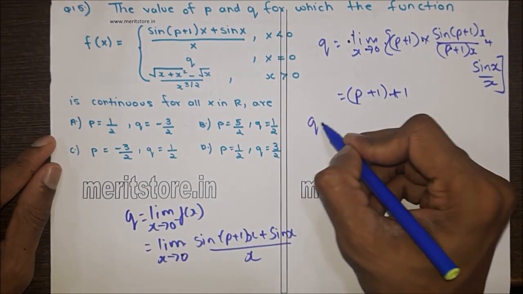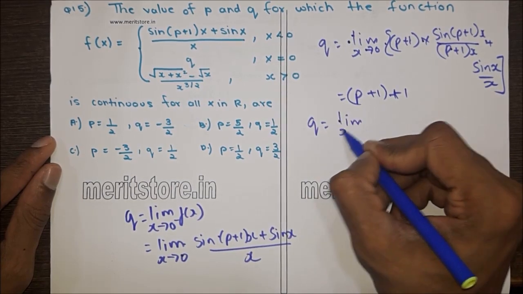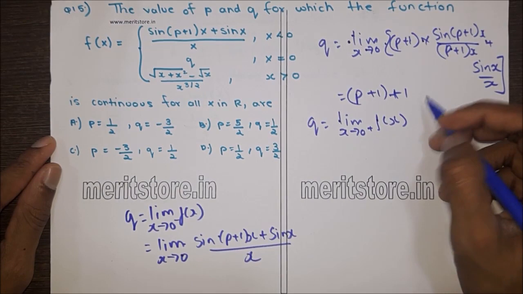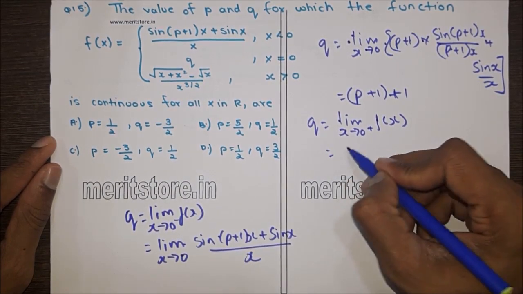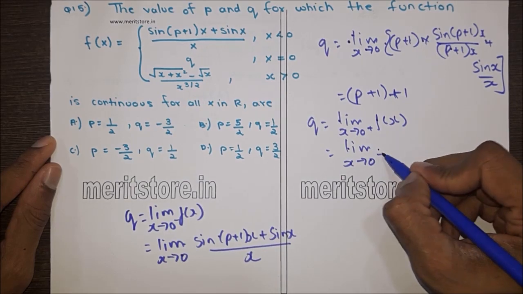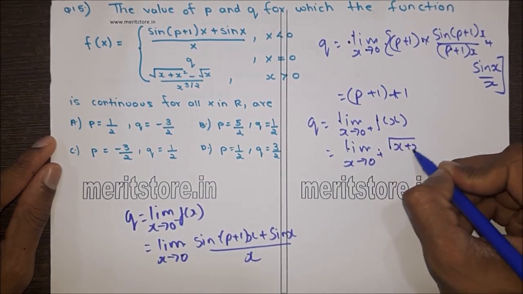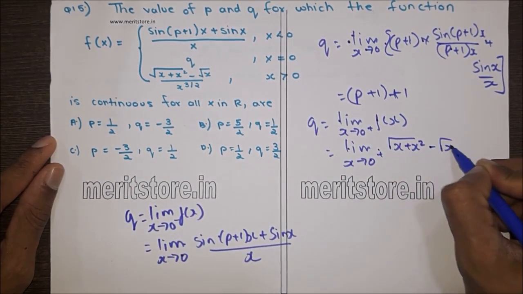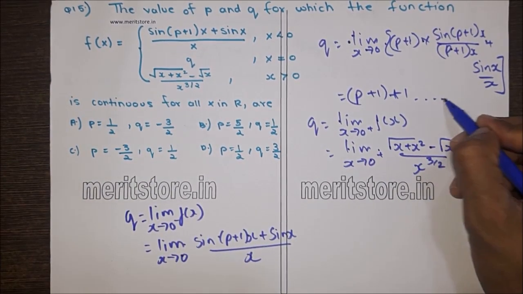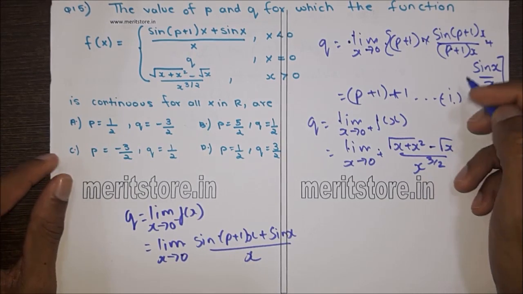Also, q equals the limit as x approaches 0 from the right hand side of f of x, which we can write as the limit of root of x plus x square minus root x upon x raised to 3 by 2. We take this as equation 1.